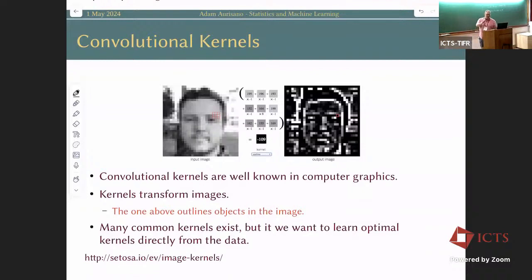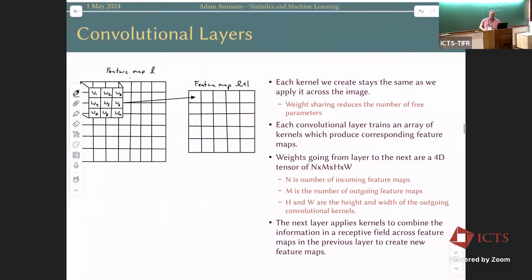The question is, could you make these kernels learned? Rather than using a set of predefined kernels, could the algorithm learn them itself? So the idea is to have convolutional layers where the weights in your neural network are actually the kernels being applied to your image. So you have maybe a 3x3 grid of weights that you learn, and then you sweep it across the whole image.